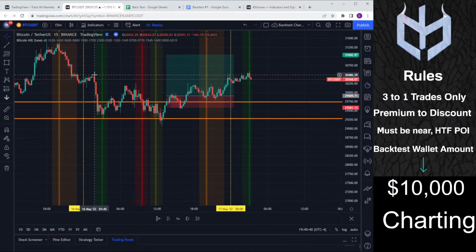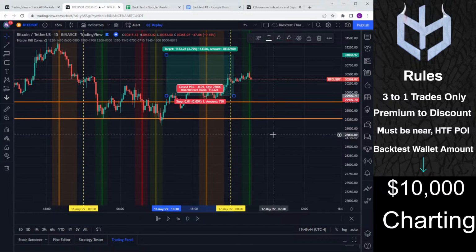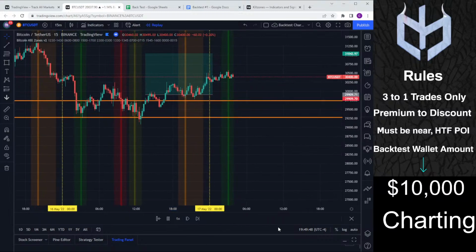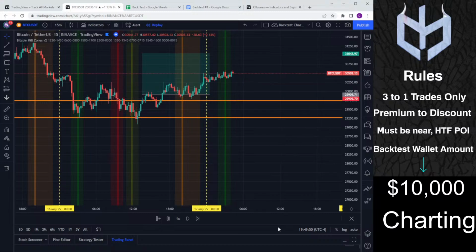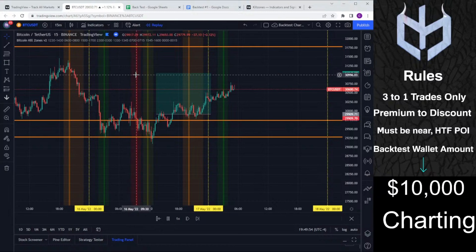That would be the first take profit, raise it to zero, we got a free trade. And there it goes.